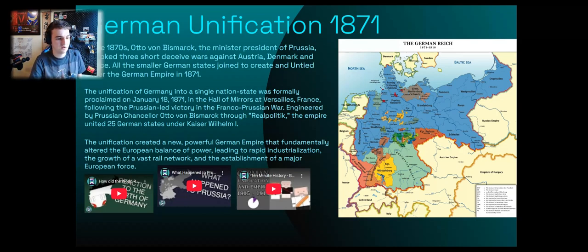And the unification created a new, powerful Germany that fundamentally altered the European balance of power, leading to rapid industrialization, such as massive factories, spinning jennies, and water mills, as well as railroads, telegraph lines, and steel and iron production, and so establishing it as a major European power.